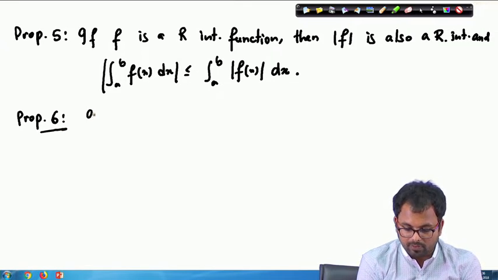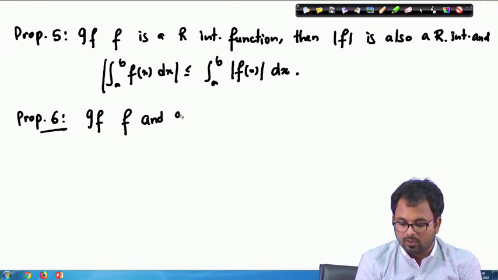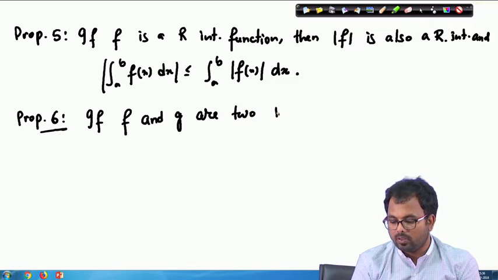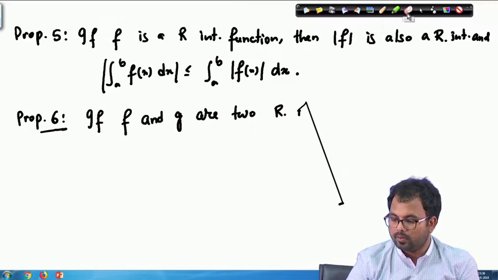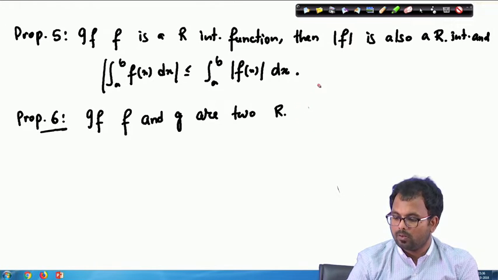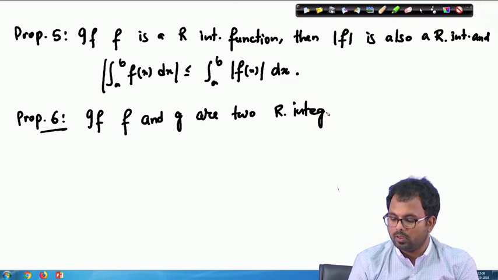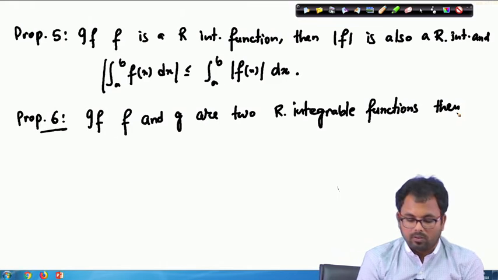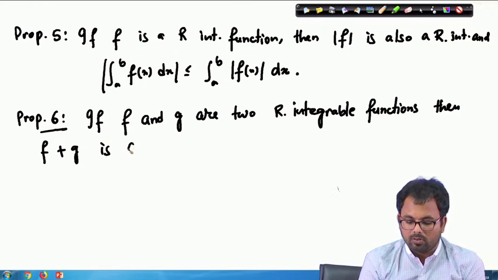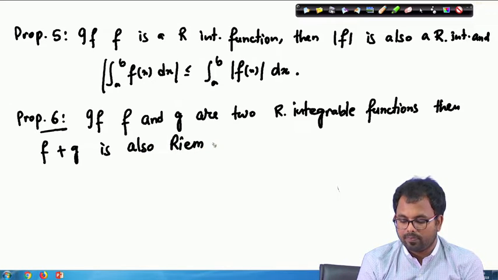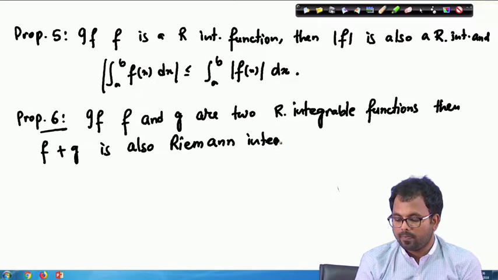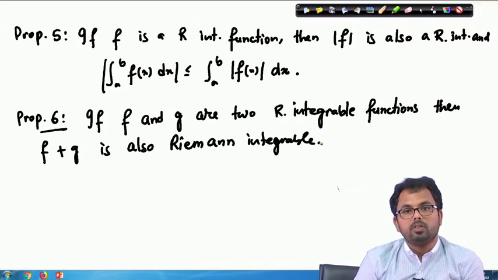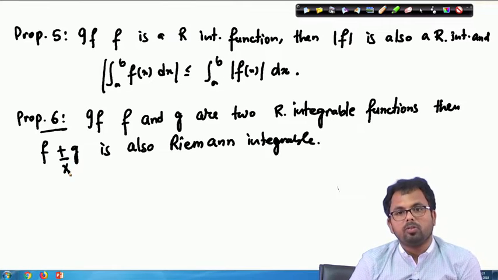If f and g are two Riemann integrable functions, then the sum of these two functions is also Riemann integrable, the difference of these two functions would also be Riemann integrable, and the product of these two functions would also be Riemann integrable.